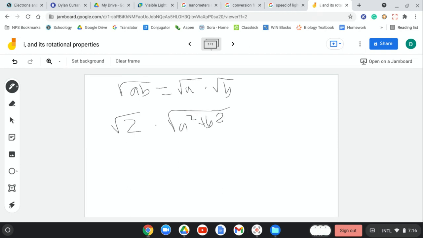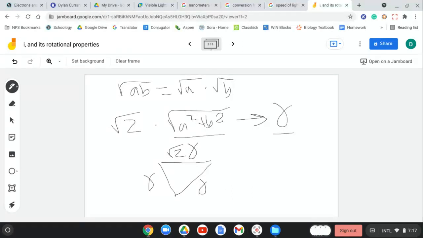And now, just for convenience sake, because this is a lot to write, I'm going to say, let's say this equals gamma, which is just a fancy Greek letter. So our new triangle then has side lengths of gamma, gamma, and root 2 gamma.